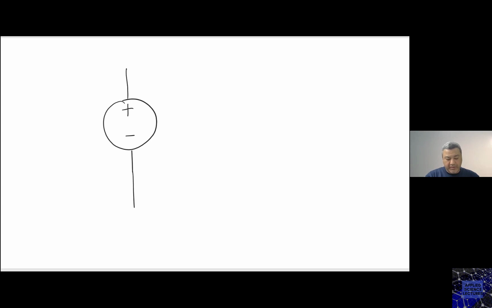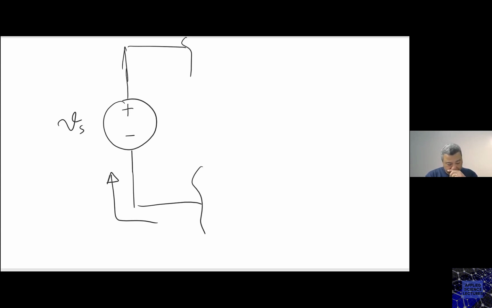So if the current is entering its negative terminal, then I would write it as P equals minus Vs I naught, right? So this is how I write it.